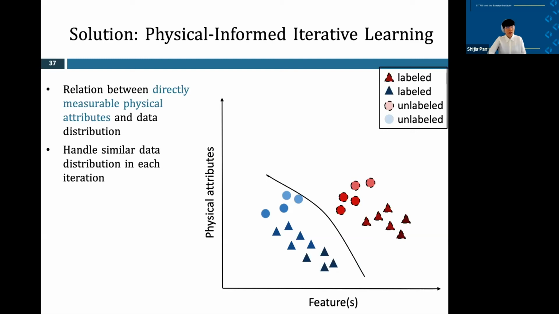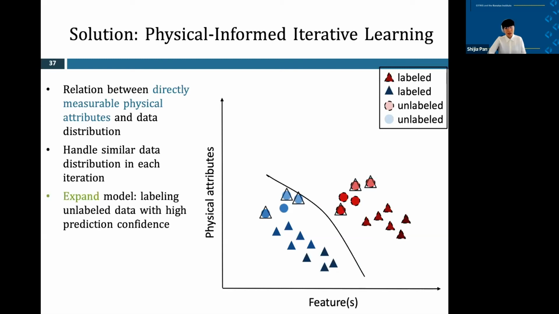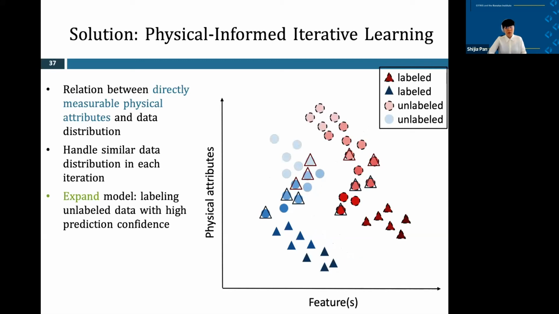At the end of the iteration, we can expand the model by just providing the pseudo label on the new prediction. Then in the next iteration, the data distribution that can be covered is expanded as well, and so on and so forth. Eventually we'll be able to cover a larger data distribution change with the help of the physical attributes learning.